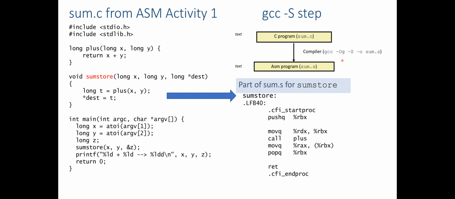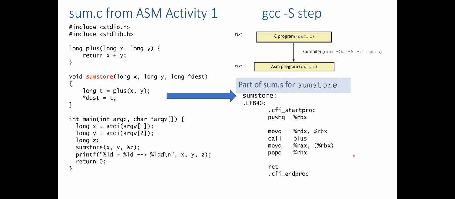So the -O stands for optimization. And the compiler can get crazy and make some very fancy assembly code at higher levels of optimization that gets to be really hard to read. So we're going to be using this -Og because it's going to give us assembly code that's easier for us to interpret while we're first getting used to it.